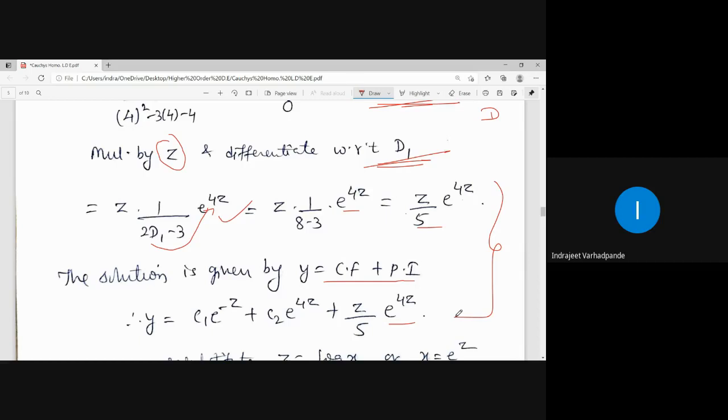And then for the final answer, we have to obtain the value in the form of x. Finished? Yes, sir.